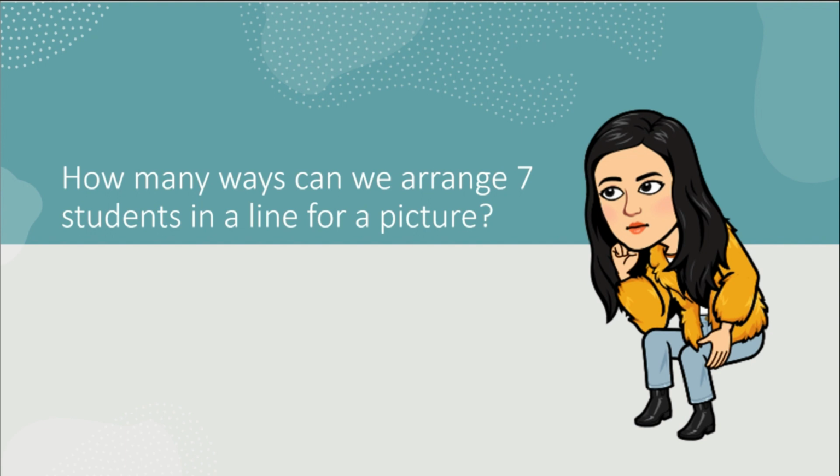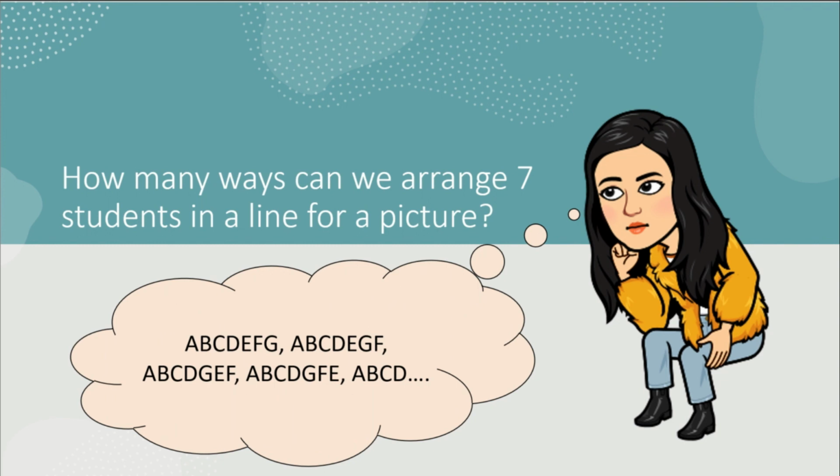Let's say those students are represented by A, B, C, D, E, F, G. Here are the possible arrangements: A, B, C, D, E, F, G. The next one is A, B, C, D, E, G, F. The third arrangement could be A, B, C, D, G, E, F. The fourth one could be A, B, C, D, G, F, E. And the list goes on and on, which is quite impossible for us to know in a short period of time how many arrangements can be made, because we are using the listing method.